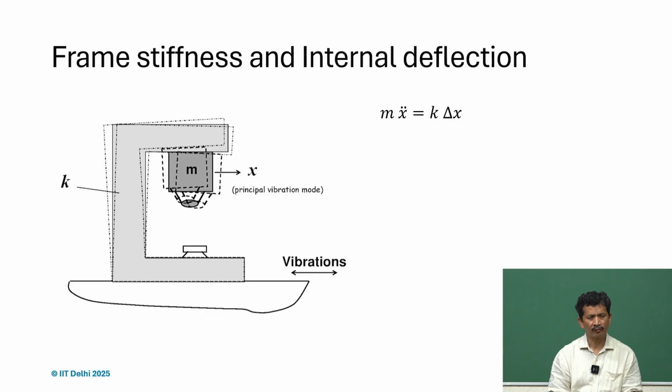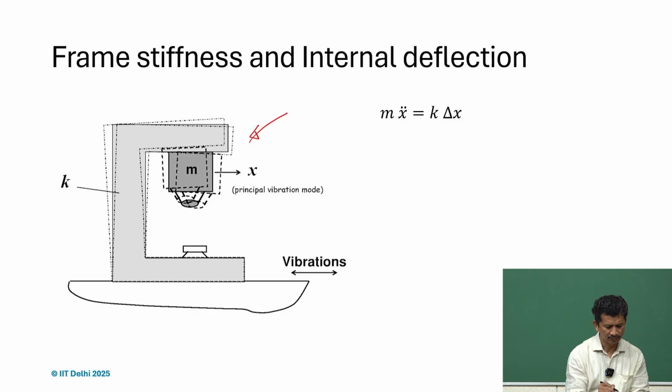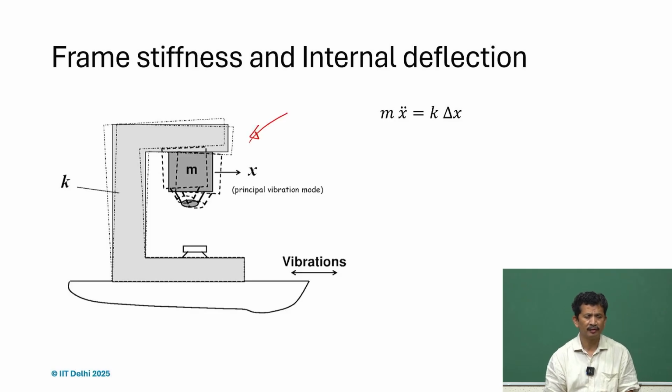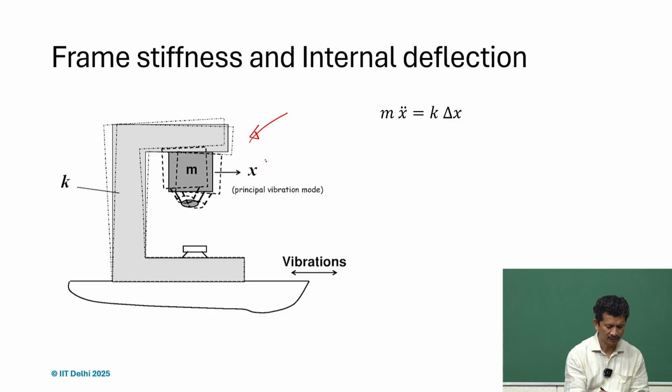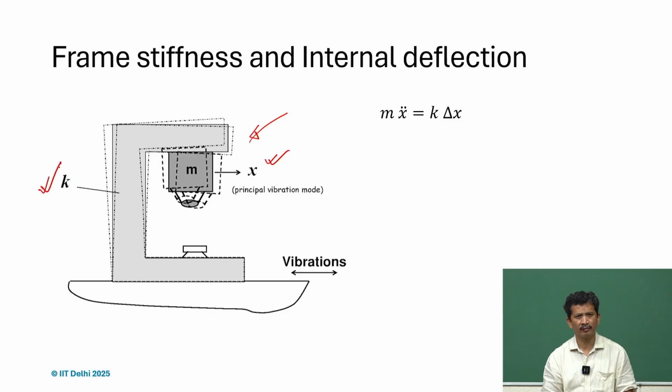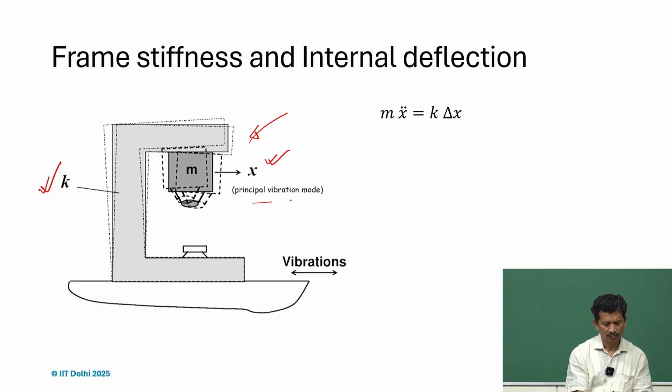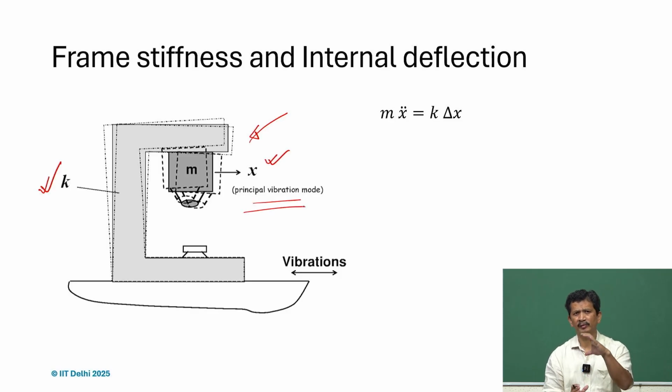At the same time, if you take any kind of machine, for instance any machine tool, we have the mass, and this is the displacement, and K is the stiffness of the frame supporting it. We can see that it's an open structure, and that may be the principal vibration mode, how it will vibrate.